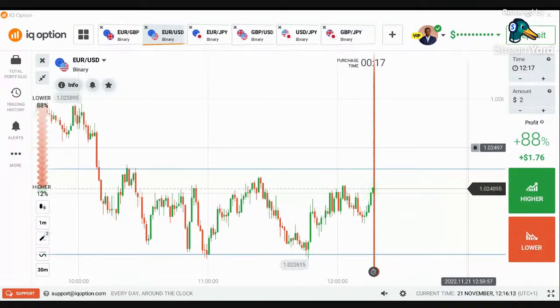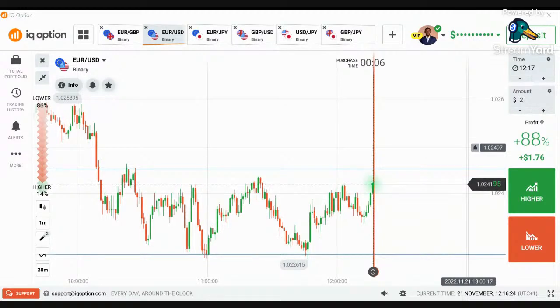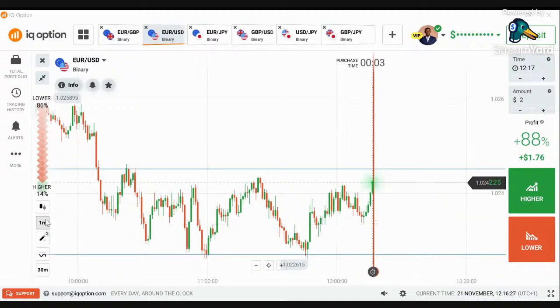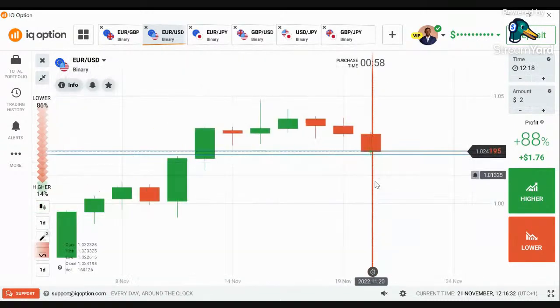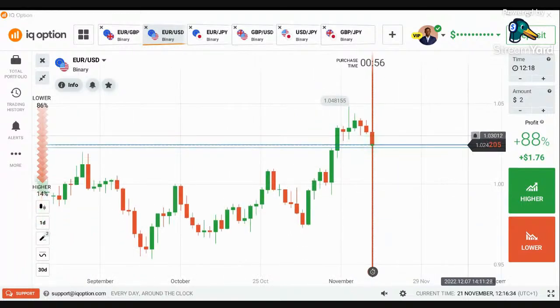It's trying to go into the New York session. We're going to get into the New York session in the next hour or so, or a few minutes. So I think from the New York session, the market is probably going to continue lower, because the daily bias on Euro USD has been bearish. The market has been selling on the daily chart. So most of what Euro USD is going to be doing today is just selling.